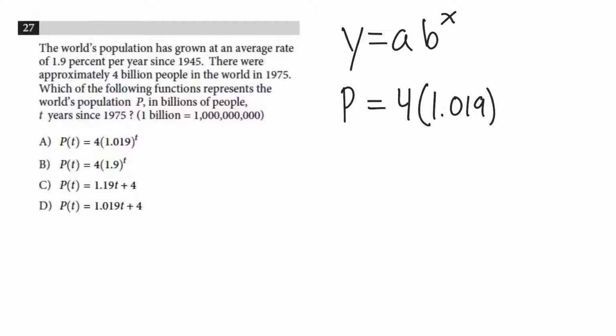So that's our growth factor, times, instead of x, we're using t for our input in years. And it looks like our solution is right here at the top. There you go, A for 27.